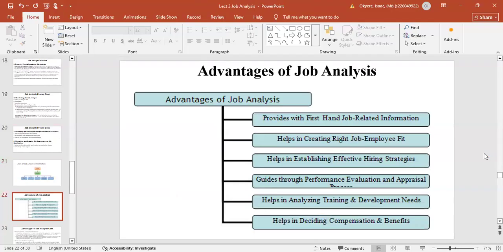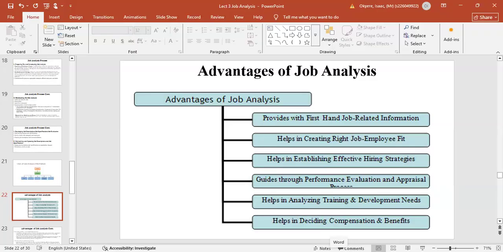Now, let's look at the advantages of job analysis, or the uses. The advantages of job analysis.